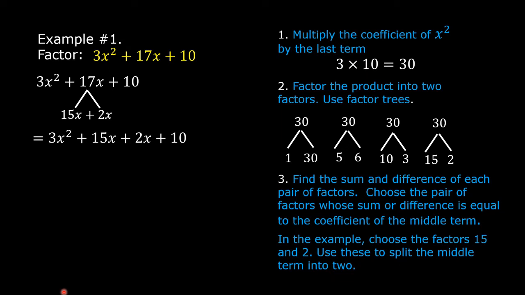And then apply your knowledge of factoring by grouping. Enclose in parentheses the first two terms and then the last two terms. So we have now the quantity 3x squared plus 15x plus the quantity 2x plus 10.